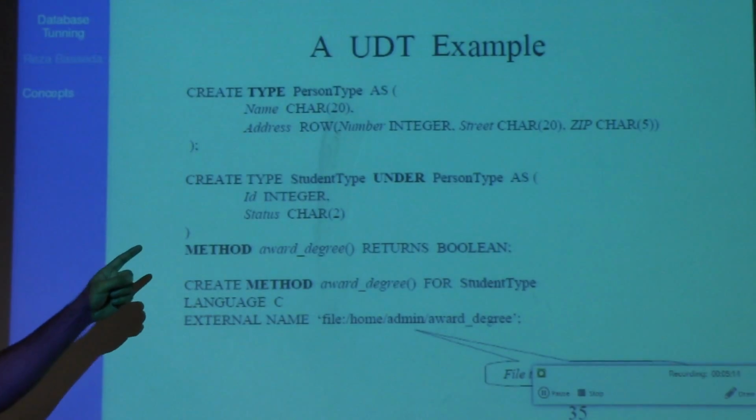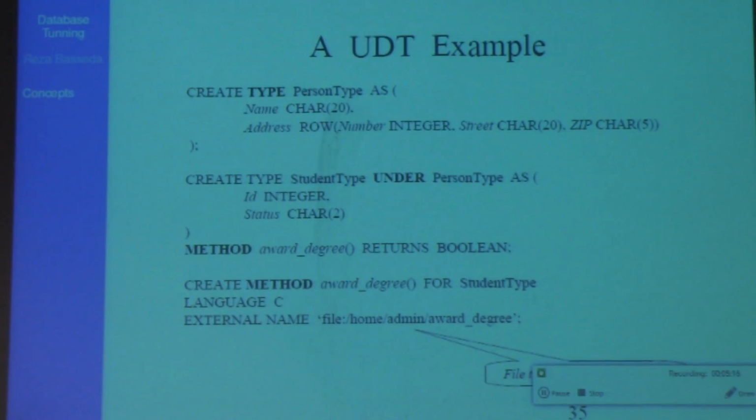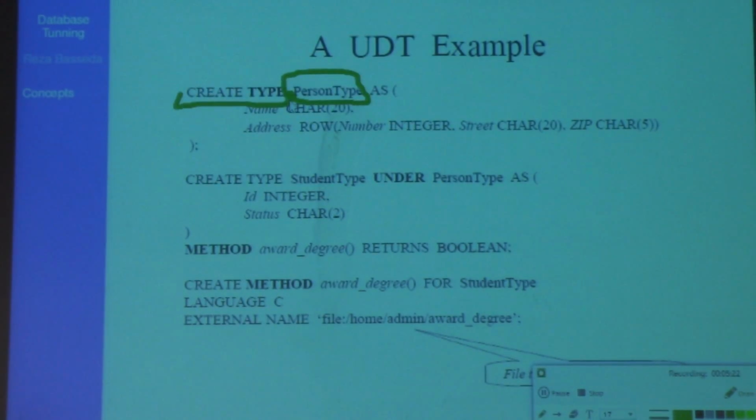Create type person type as. This is defining a class of person type. Think about type as a class, right?